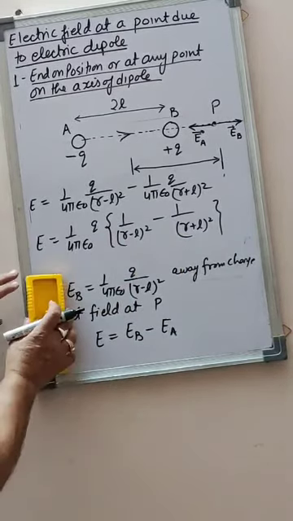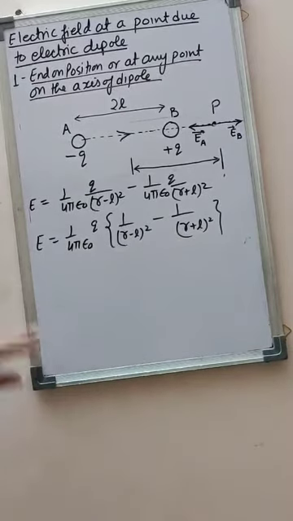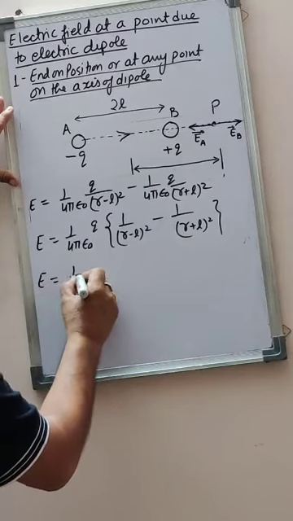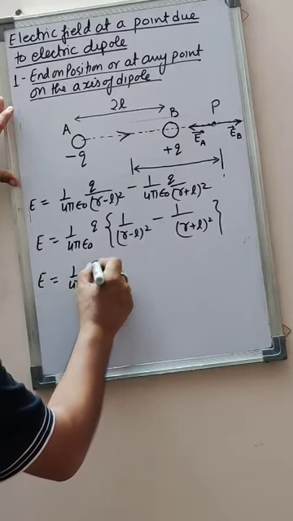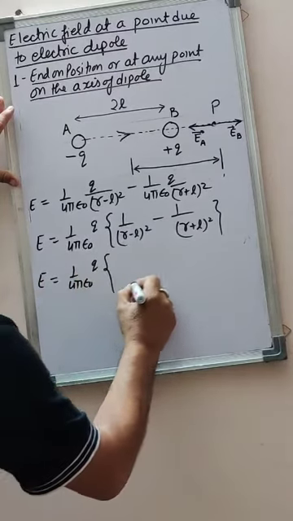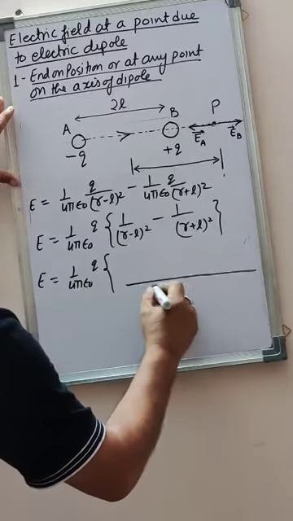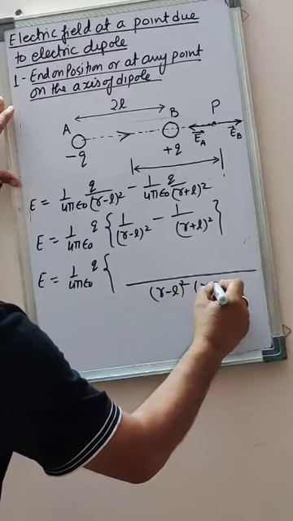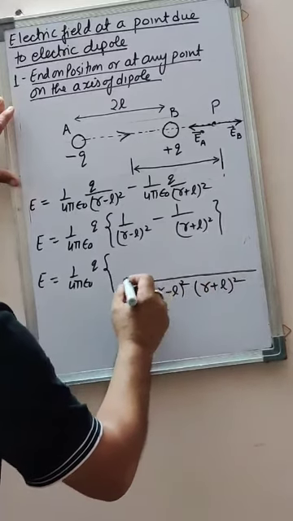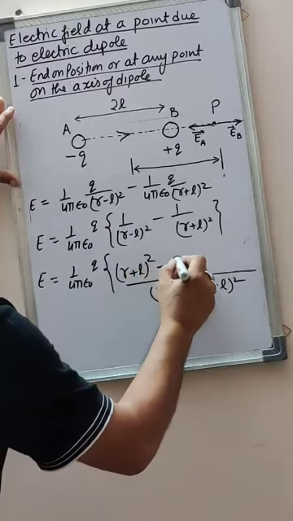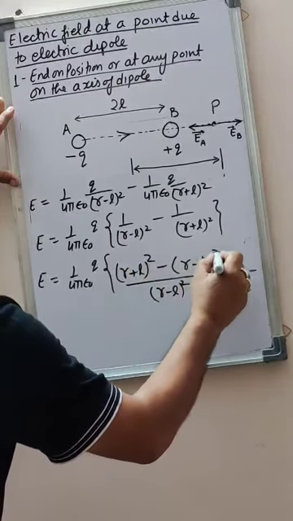Now we take the LCM. E will be equal to 1 by 4 pi epsilon naught Q. LCM will be the product of these two, R minus L whole square, R plus L whole square. So the numerator will be R plus L whole square minus R minus L whole square.